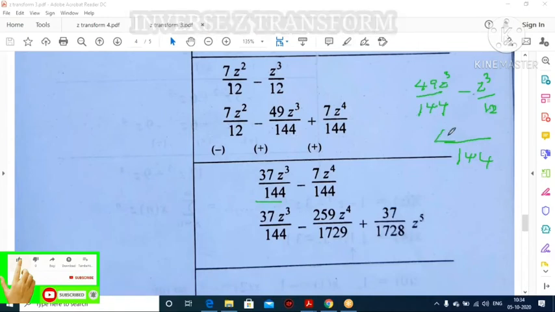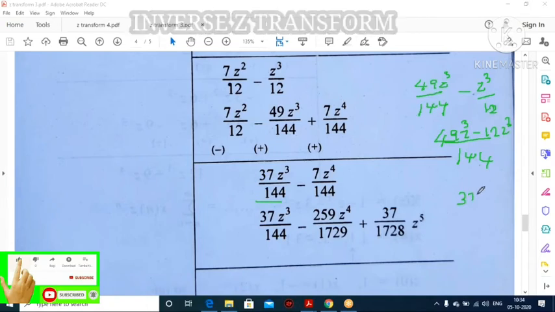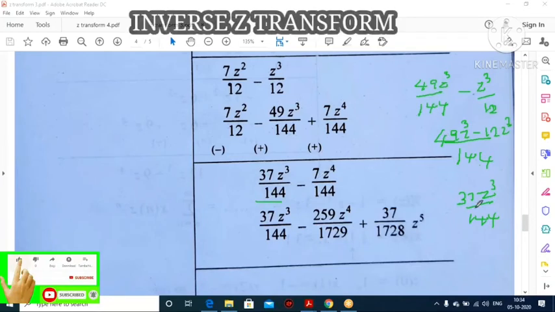Here you get 49. 144 divided by 12 is 12 times, isn't it? So 12 z cube. So your answer becomes 49 minus 12, which is 37. So the answer will be 37 z cube divided by 144.